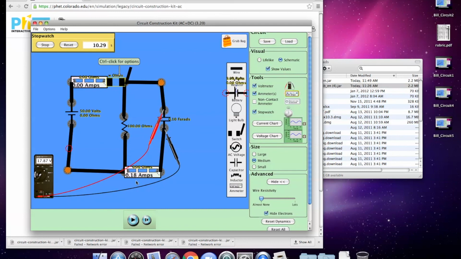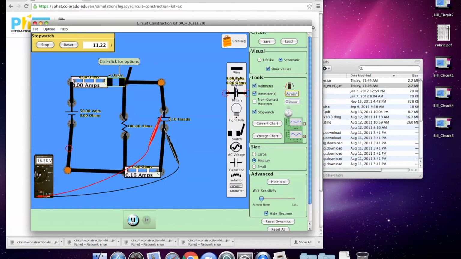If that ammeter had more digits, I bet it would say 0.1787 amps, so that the voltage drop across the resistor is the same as the voltage that the capacitor is delivering, and you can see that it is there, 17.87 volts across the resistor. Let's again let time evolve.